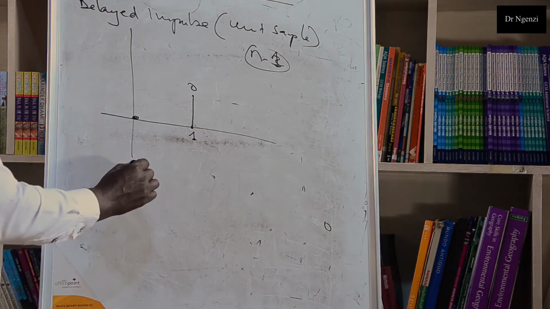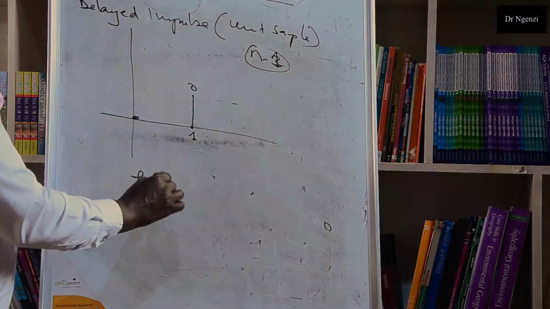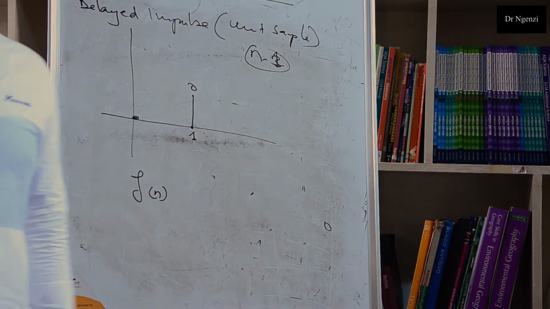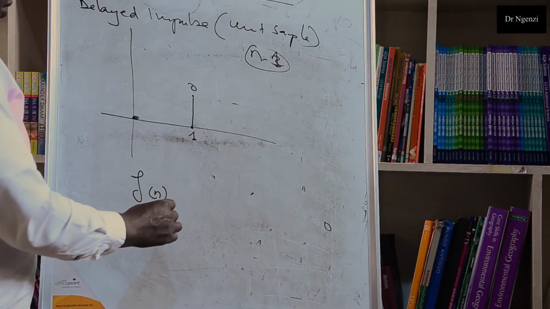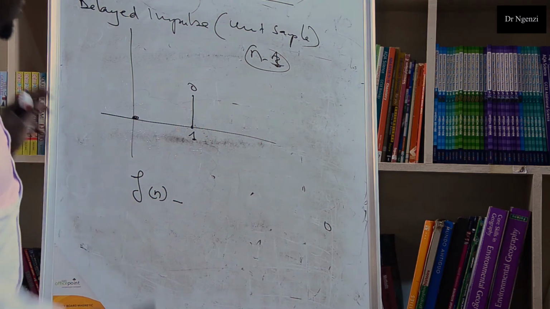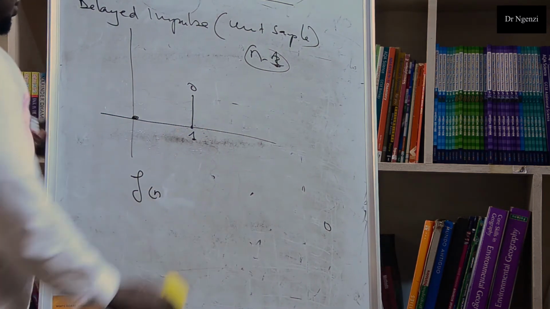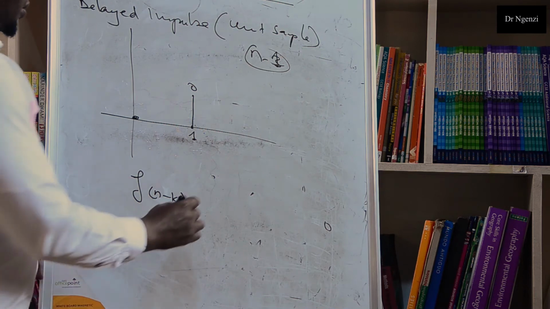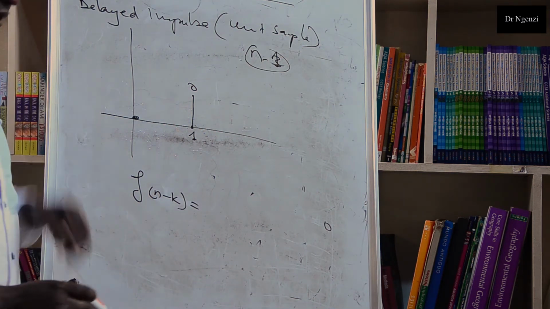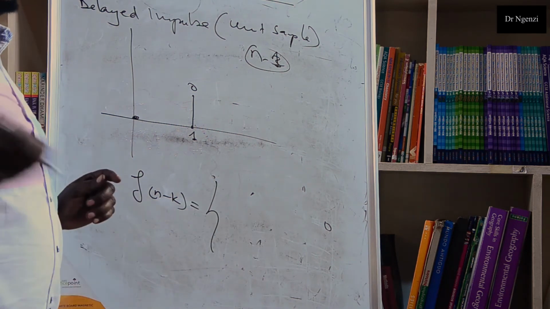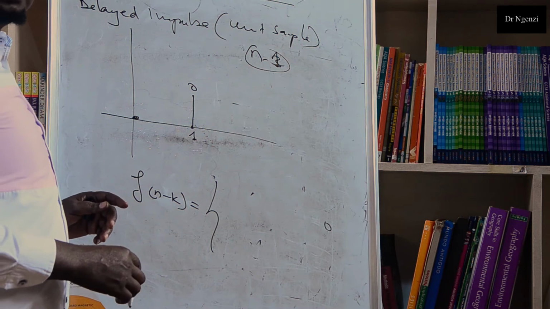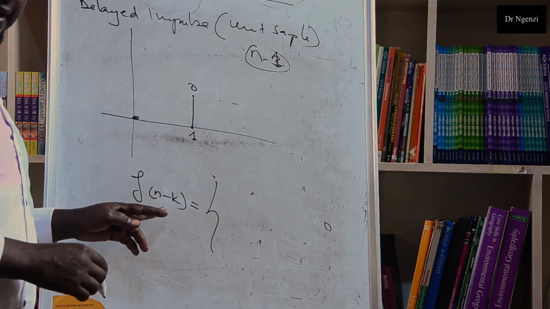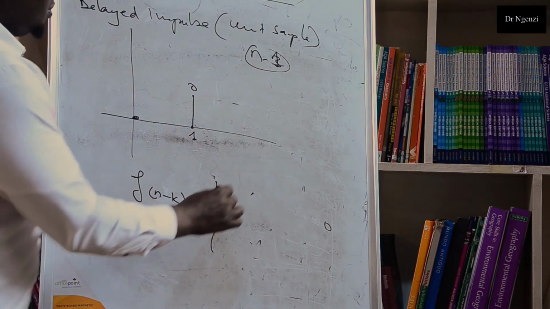In this case, the unit impulse of n shows that something has been shifted to any value.